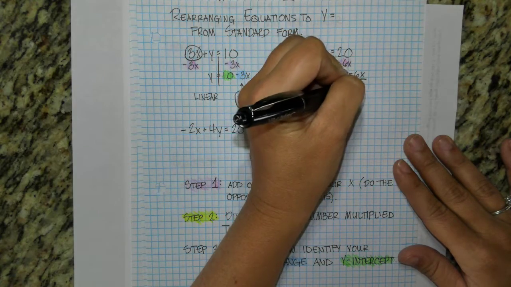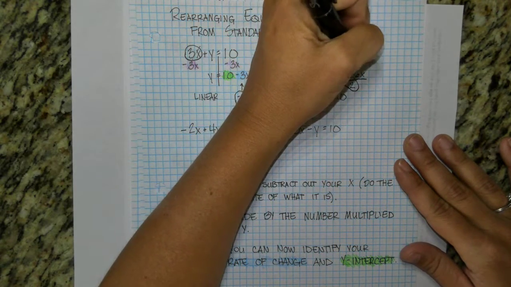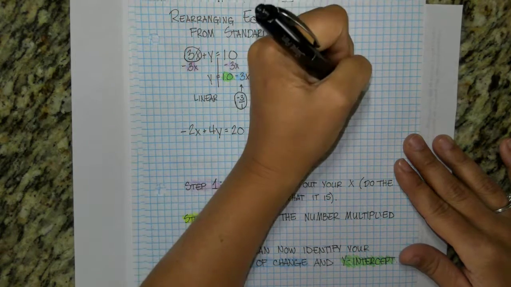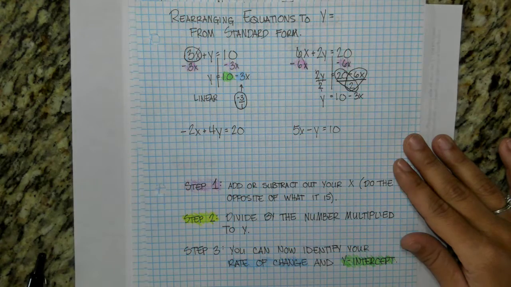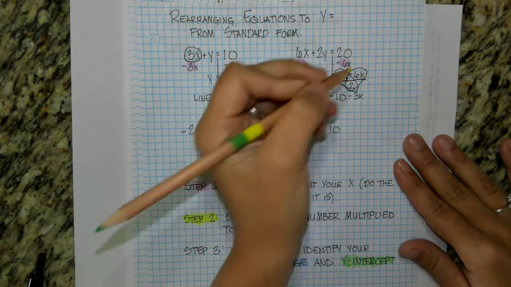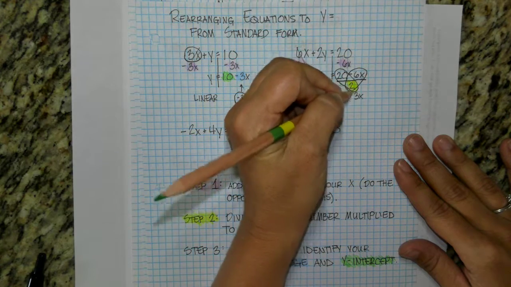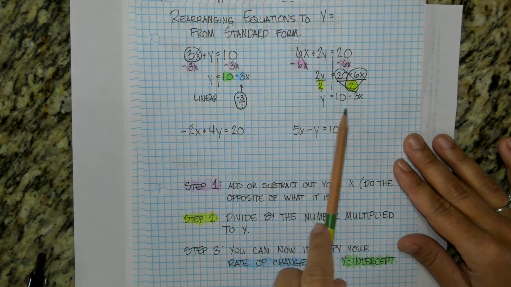This is 20 divided by 2 to give me 10. This is -6x divided by 2 to give me minus 3x. So step 2 was dividing by the value that was multiplied to y. And we've got our new equation.